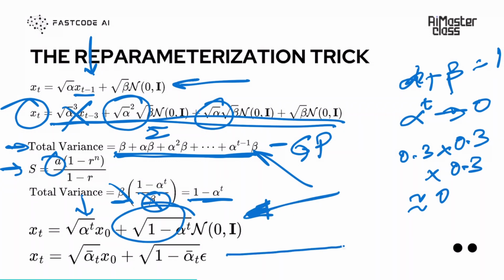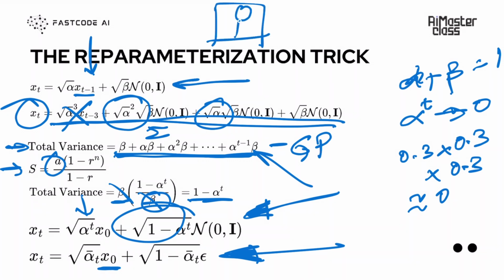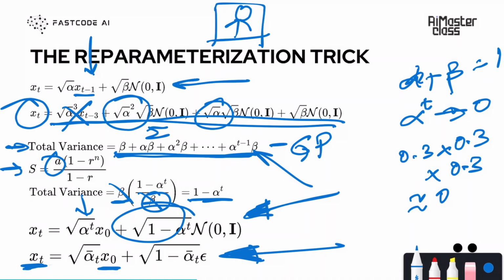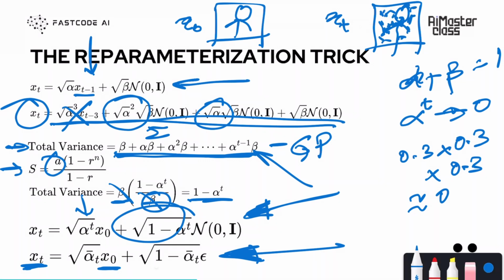And this gives us an equation that we need, which basically says that if you have your first nice image, the image that does not have any noise, I know how to create. So this is our x0. I know directly how to create xt, and if t is large, there will be more noise. If t is, let's say, 100, there will be a lot of noise, and if t is just 5, there will be less noise, directly by looking at this.